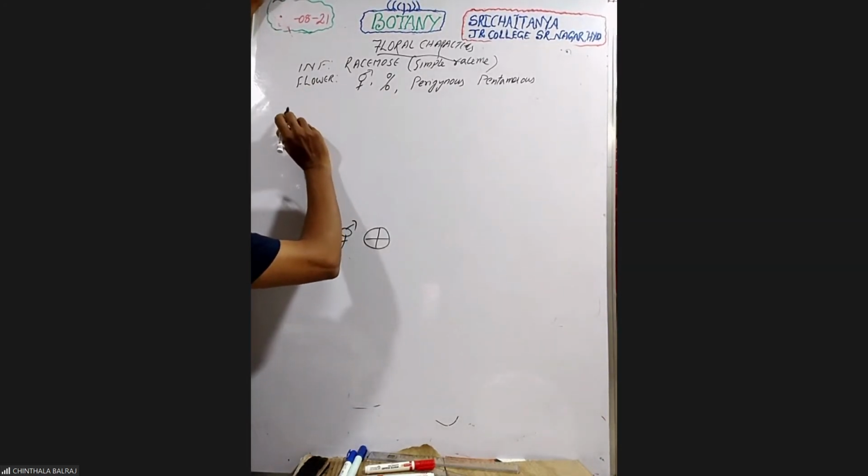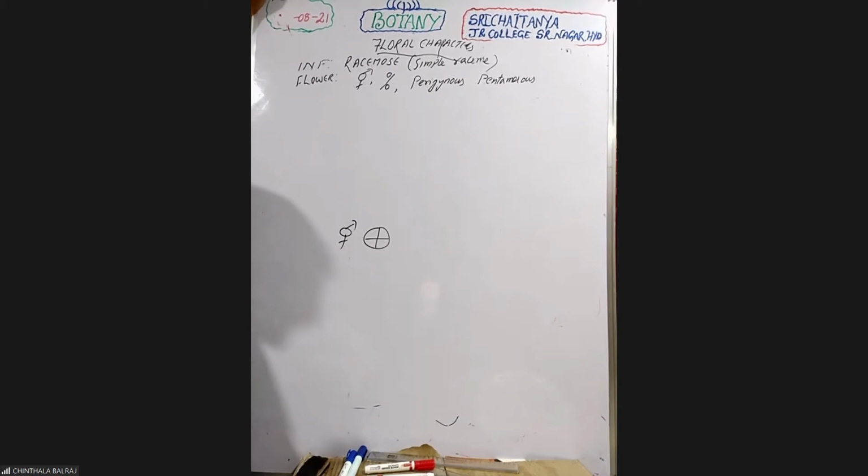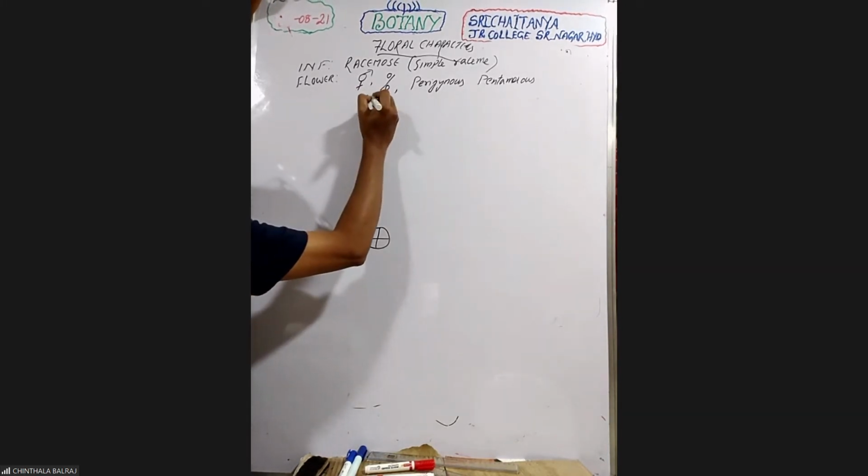Flower. And here, the non-essential organs are differentiated into outer calyx and inner corolla. If you want, please have a look at your NCERT textbook; it is diagram based.